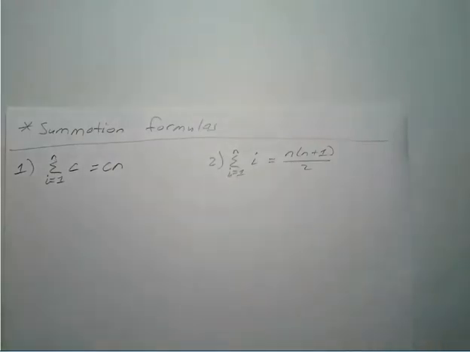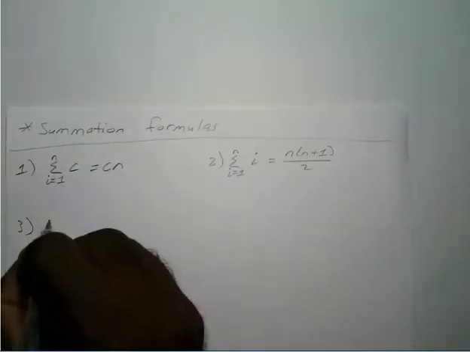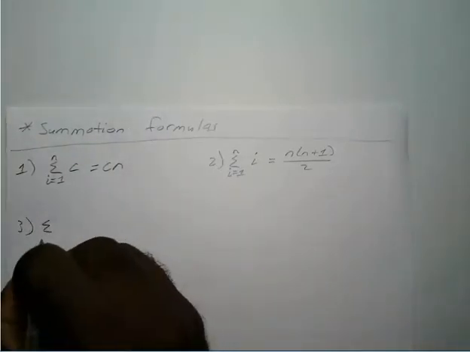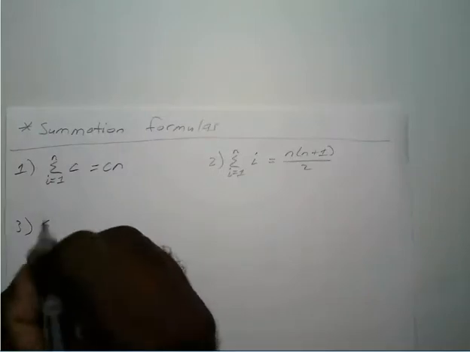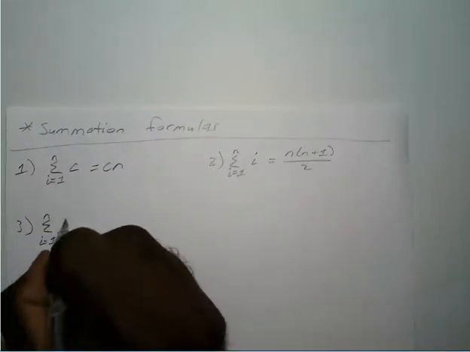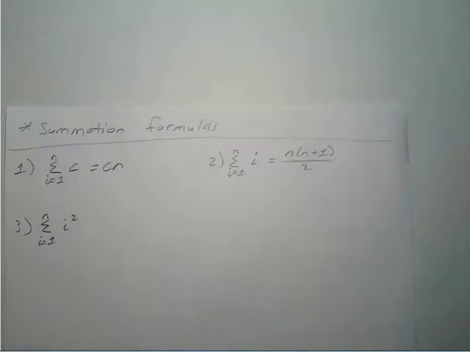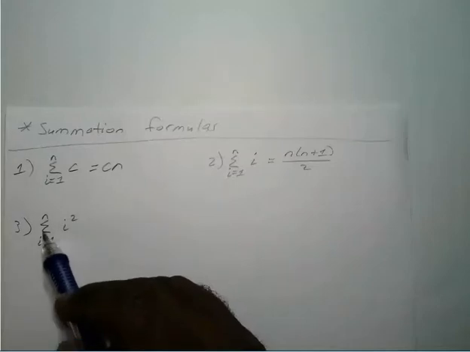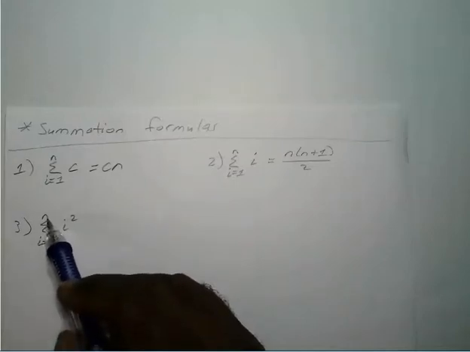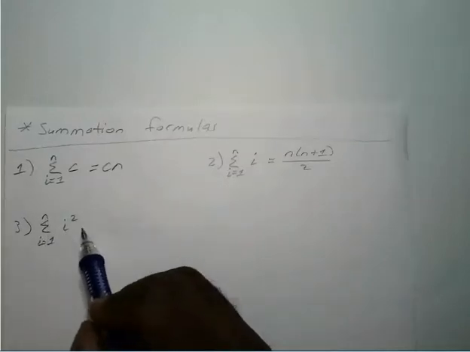All right, so your third, we have the sum from i equals 1 to n of i squared. Remember on our example, we had j squared on that example, and we had to add them all together. You don't have to do that, because if you have from i equals 1 to 30, you don't want to have to write 1 squared plus 2 squared plus 3 squared.